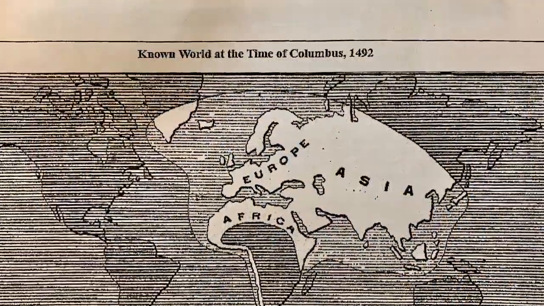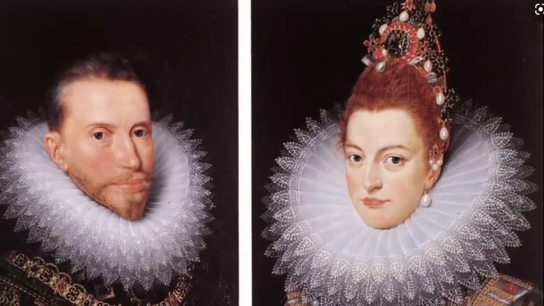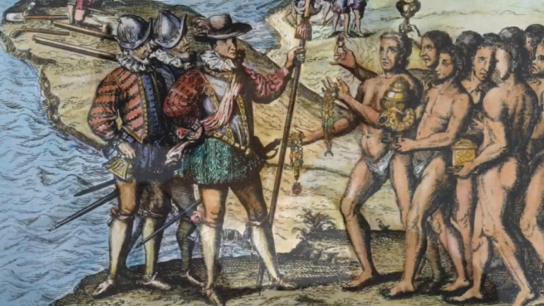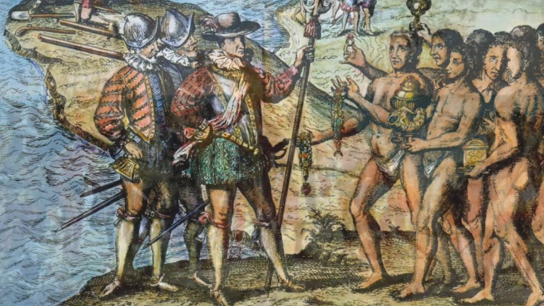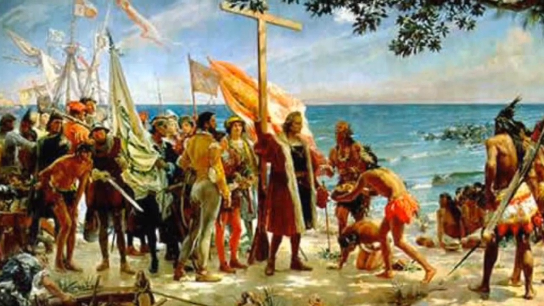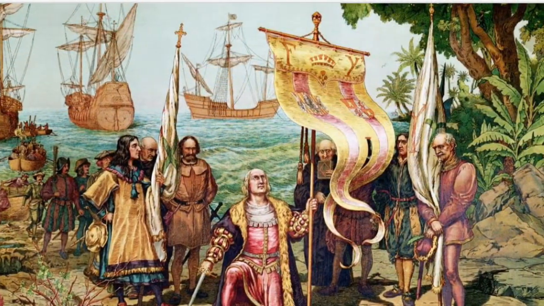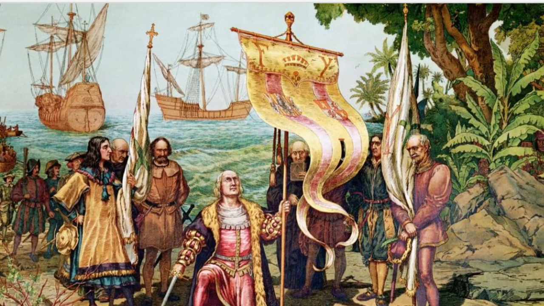The North and South American continents had not yet been discovered. Queen Isabella and King Ferdinand of Spain agreed to fund a voyage west of Europe, and Christopher Columbus was the person who sailed on that voyage. When he met the Taino people in the Bahamas, which he thought were the Indies, he effectively discovered for Europe that there was a continent between Europe and Asia in the middle of the Atlantic Ocean.